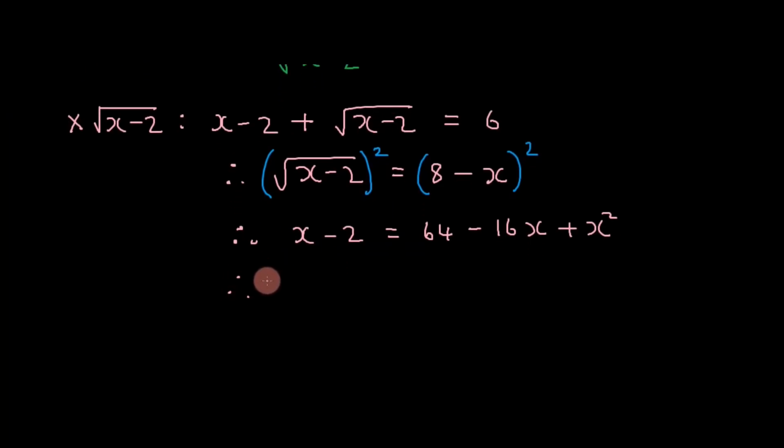Then bring everything to one side: x squared, then negative 16x minus x is negative 17x, and 64 plus 2 will give us 66. This equals 0. We have a trinomial which we can factorize.